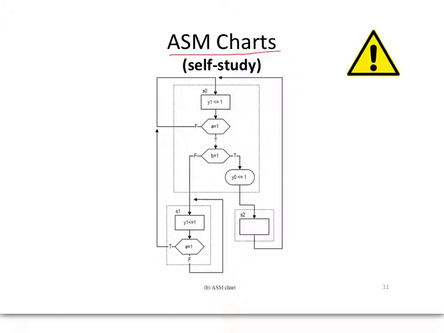So once you're done browsing through the book for ASM chart examples, there are also some PDFs called ASMD on Blackboard that compare the simple state chart form with the ASMD chart form, and you should go through that as well to get some practical examples of how ASMD charts can be used, because they are very easy to implement once you get the main idea.